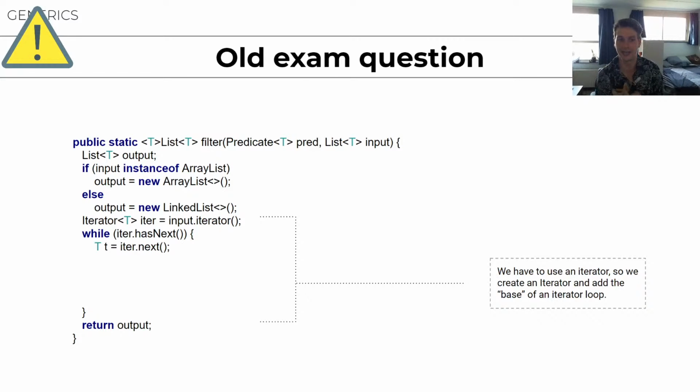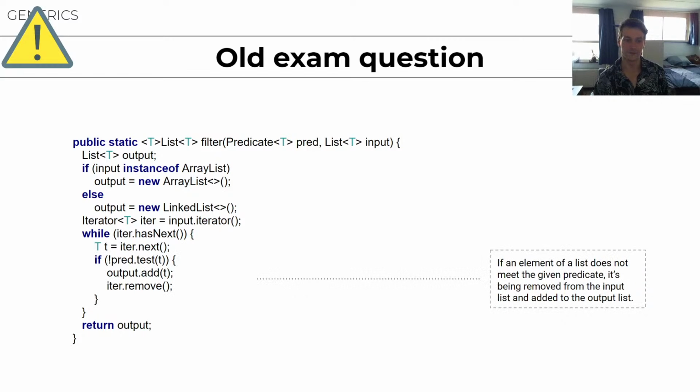So: while iter.hasNext, and the first thing in the while loop is T t = iter.next, and then the if statement. If it does not match the predicate, it adds it to the output, and we call iter.remove. There we go, that's the function.